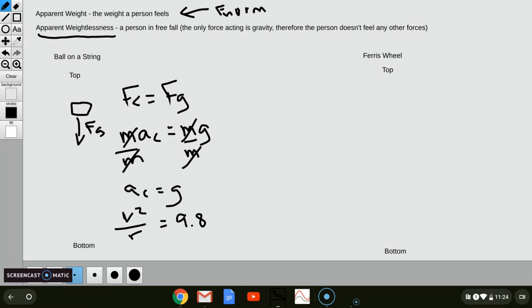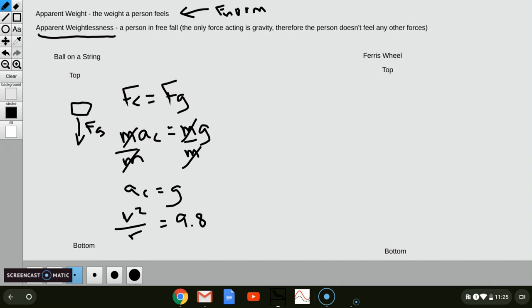This is because they have calculated the velocity to create apparent weightlessness. And you don't have to get on a scale before you get in a roller coaster, so this does not depend on your mass. All it depends on is how big the circle is. For that radius, there is a velocity that creates weightlessness. And that, on a ball and a string, is when that tension, or that second downwards force, equals zero at the top of the circle.